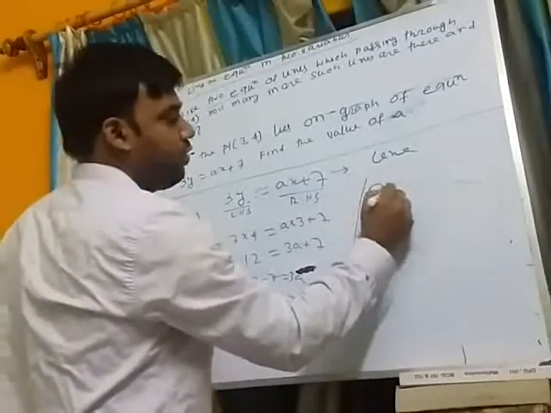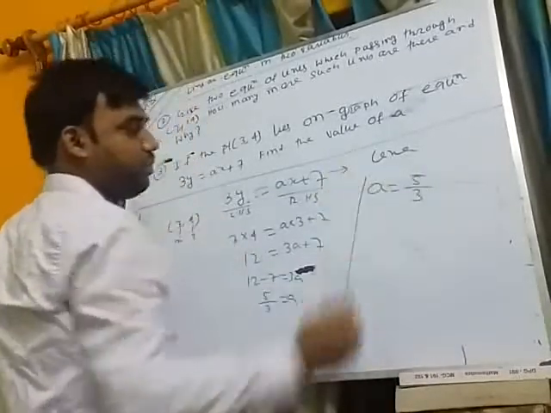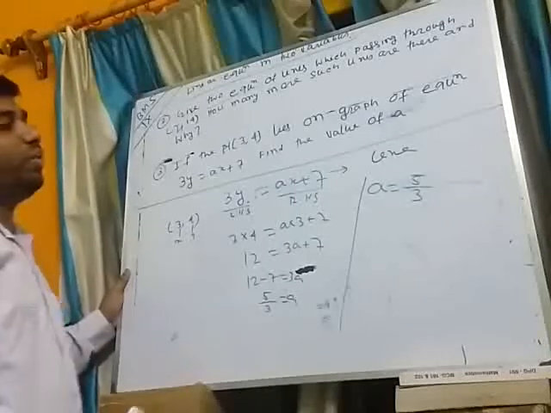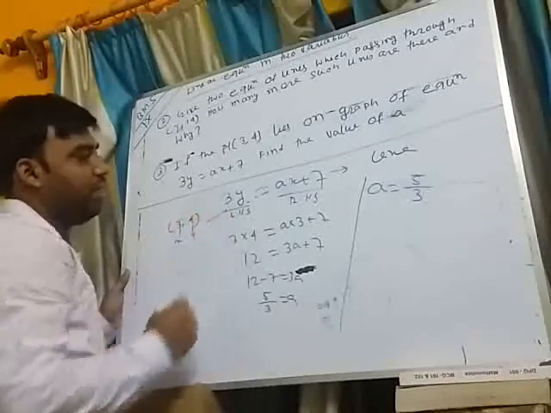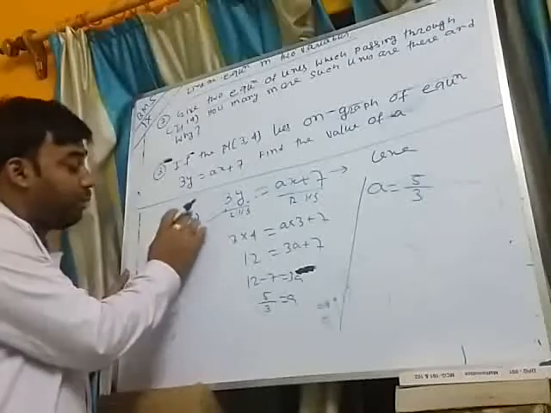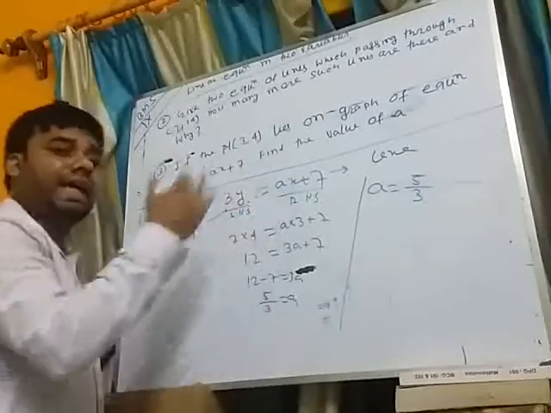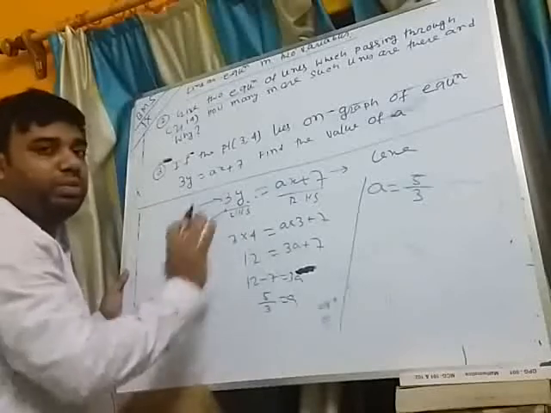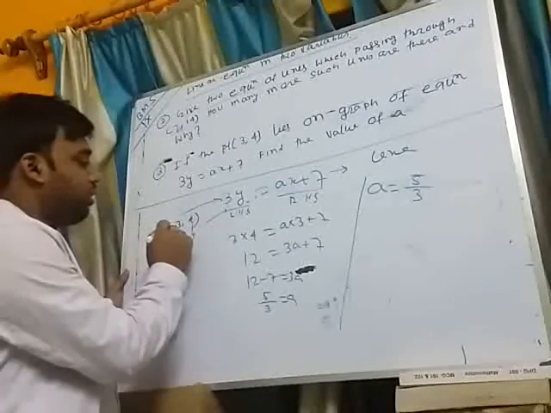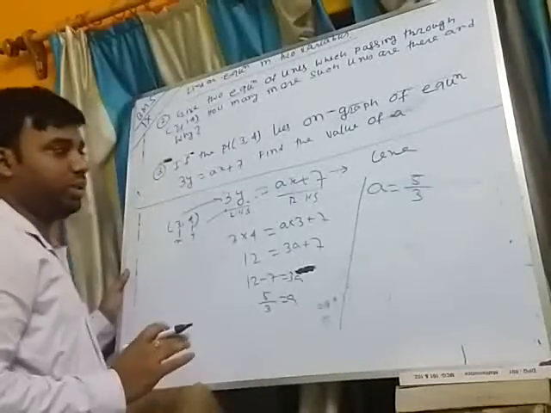So the value of a equal to 5 by 3. If you are asked why you can put this (3, 4) in this equation, it is because that point lies on that line. In another way, this is the solution of the equation. That's why we can put it. Otherwise, we can't put these values of x and y in this equation.